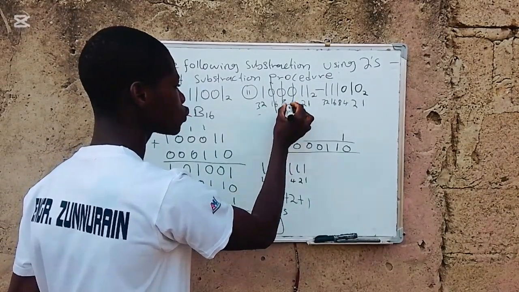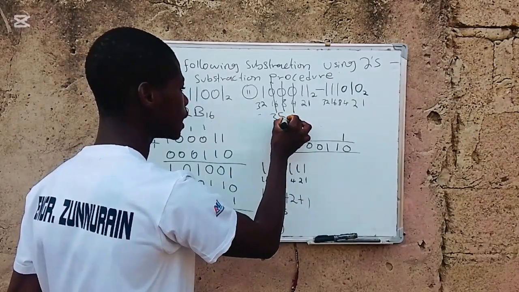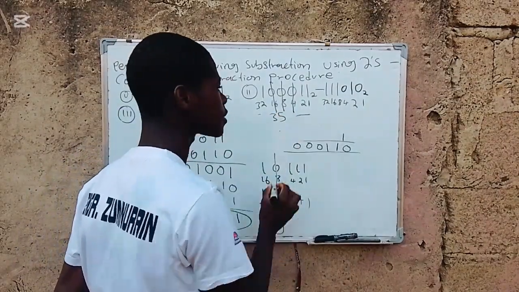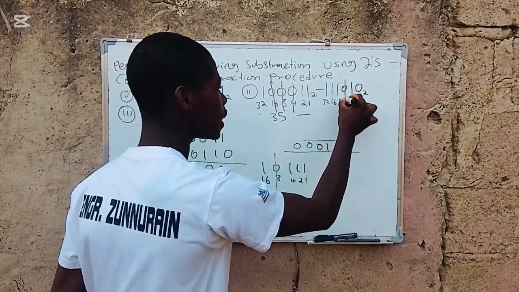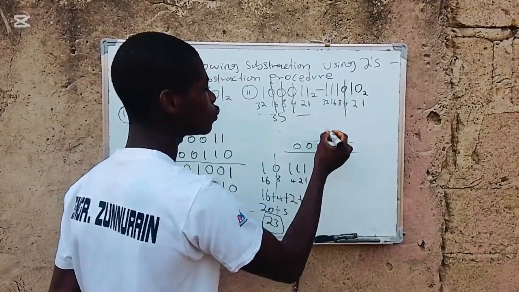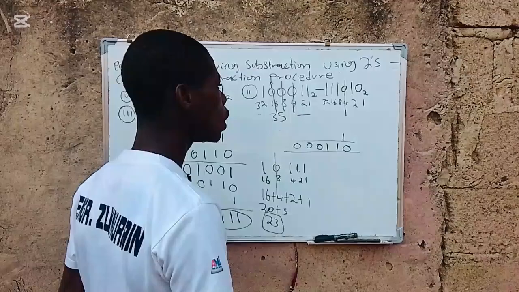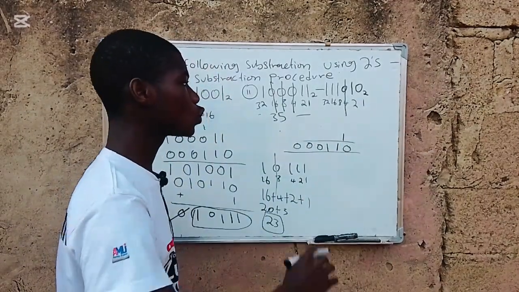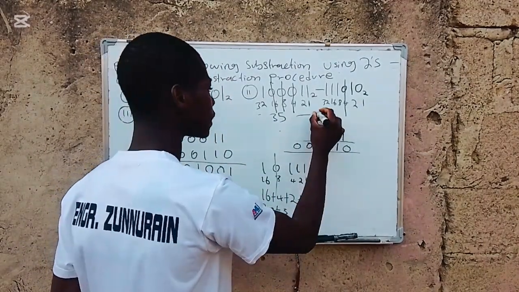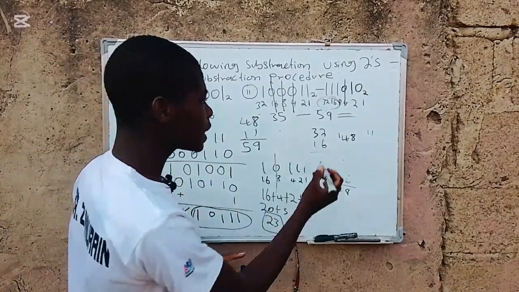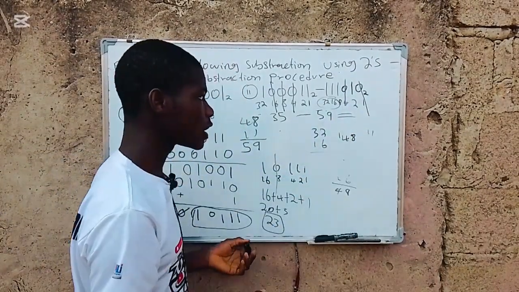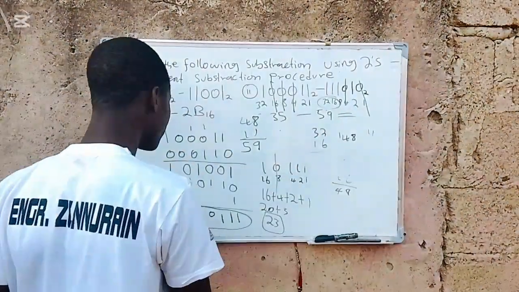I have 32 plus 2 plus 1, which is 35, minus the value of 32 plus 16 plus 2 plus 1, which gives 59. But we have to take a look that this is 0, so we have to get rid of this 0.